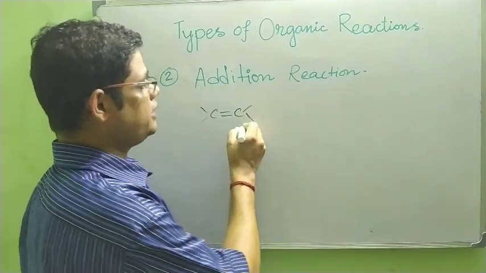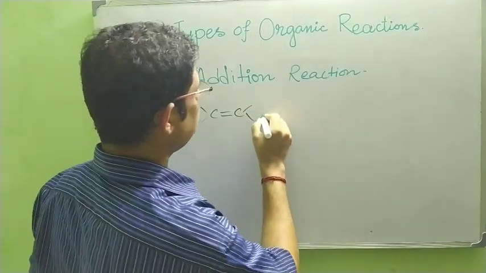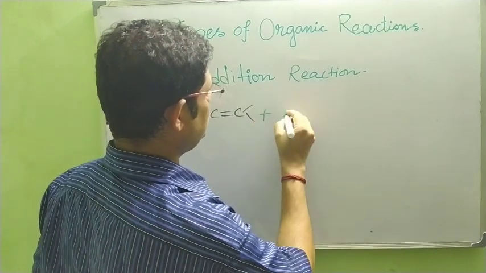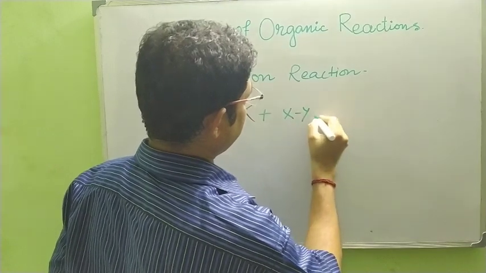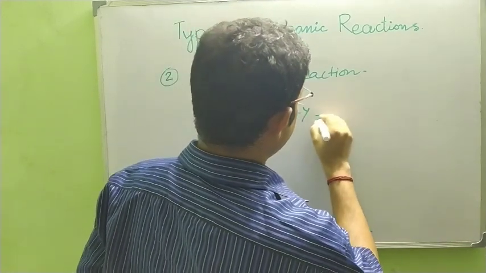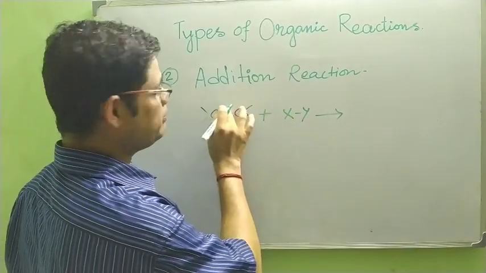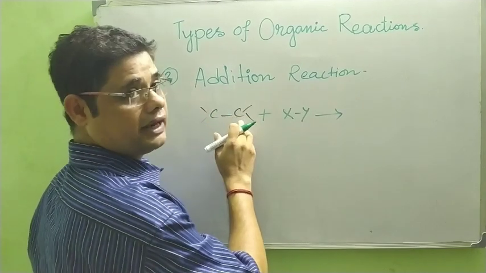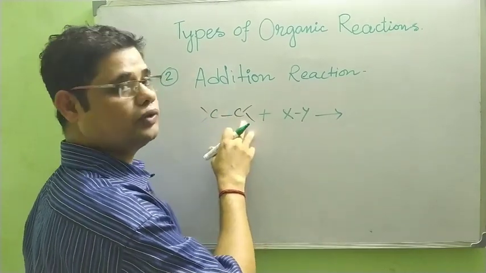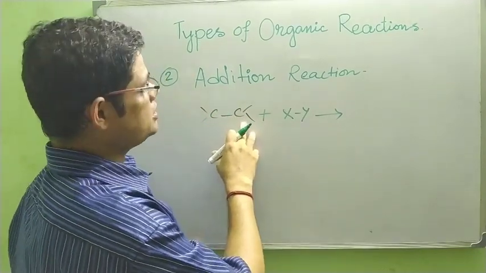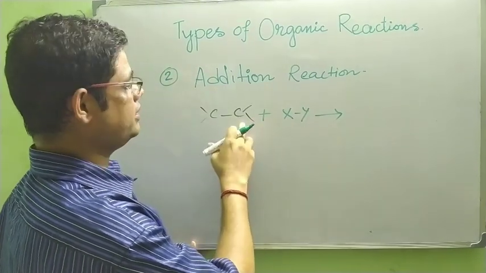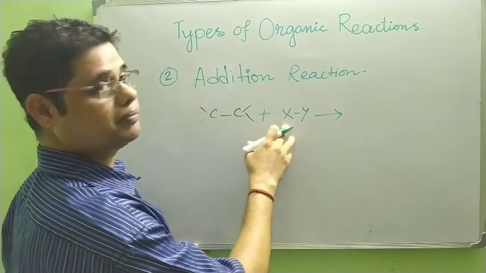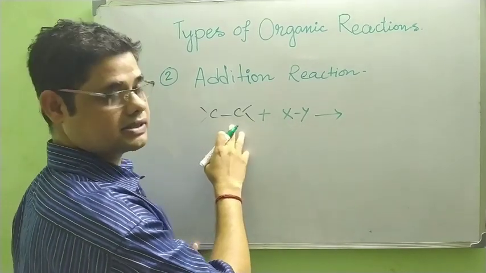If you take this alkene, XY reagent, here the pi bond breaks. Here valency of these carbons will be free, so it further reacts with X and Y. Here addition of this molecule happens.